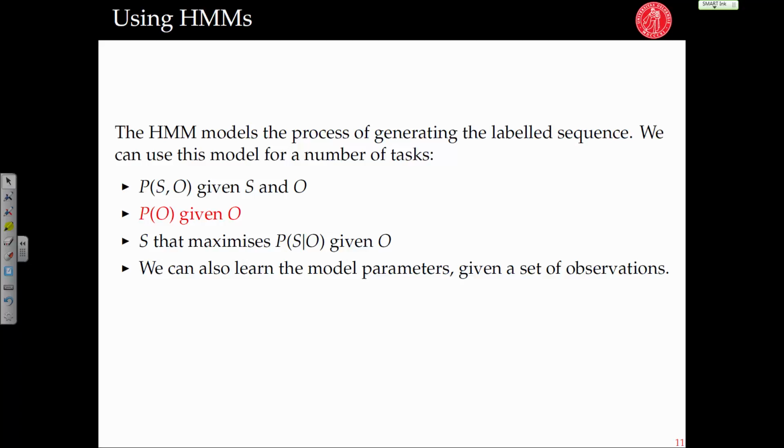If our observations are words, and we are computing the probability of a sequence of observations, then we are computing the probability of a sequence of words. So this is basically language modeling. Our observations are words in this case. So we're doing language modeling through HMMs, because we can do that. It's not only limited to n-grams.